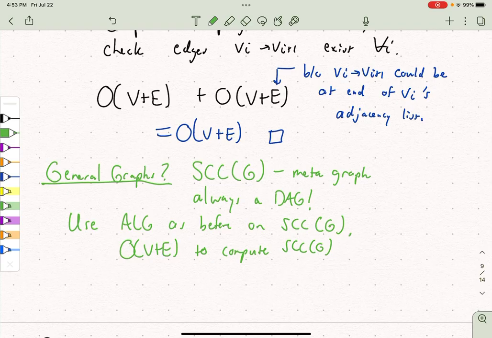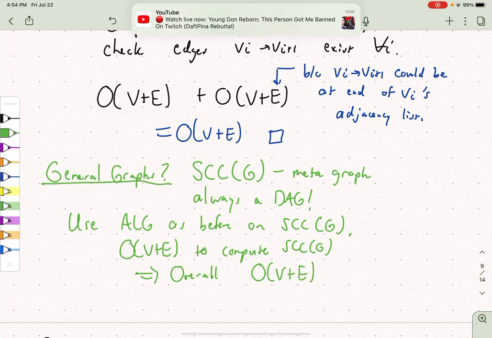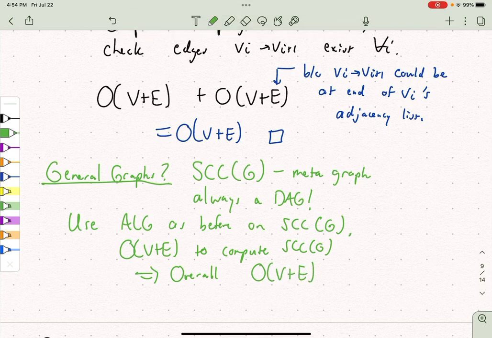And so overall, the algorithm is O of V plus E. So we have O of V plus E to compute the SCC graph, and then O of V plus E to compute on that graph. Since the strongly connected component graph is smaller than the original, doing linear time stuff on that graph will still be linear in the original graph.